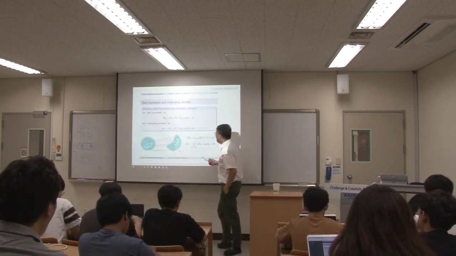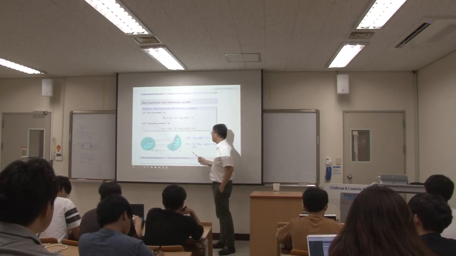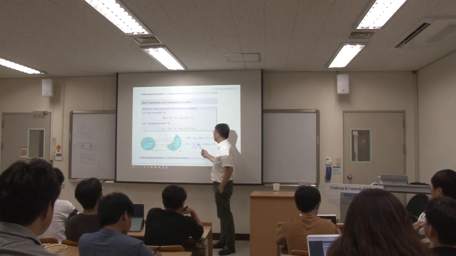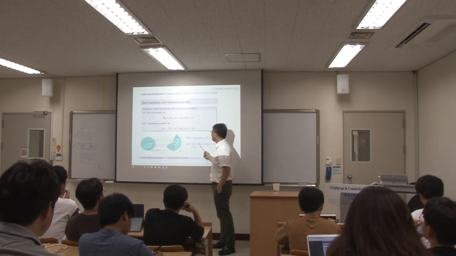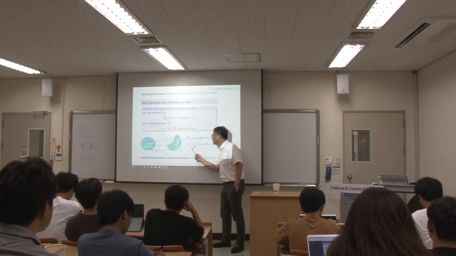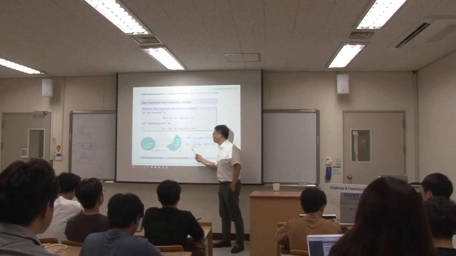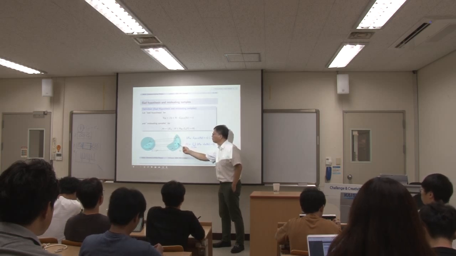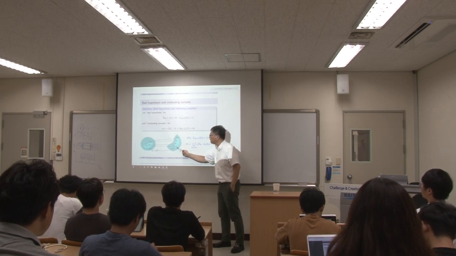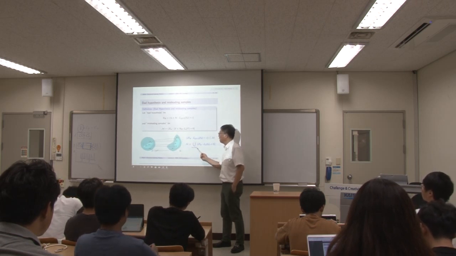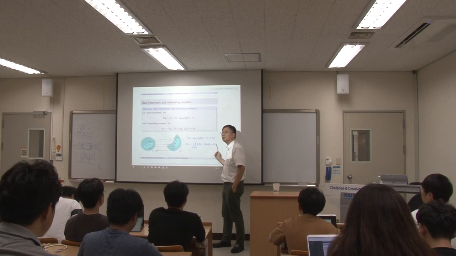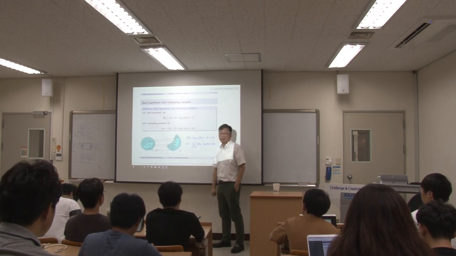So what is misleading? Misleading is all the training samples in the bad hypothesis space. I'm going to consider all the hypotheses in this space, H bad, that lead to training error equal to 0. That would be misleading, right?